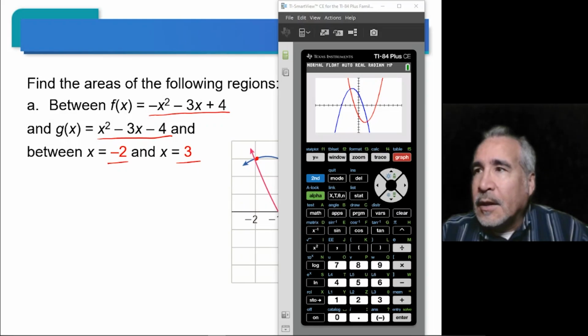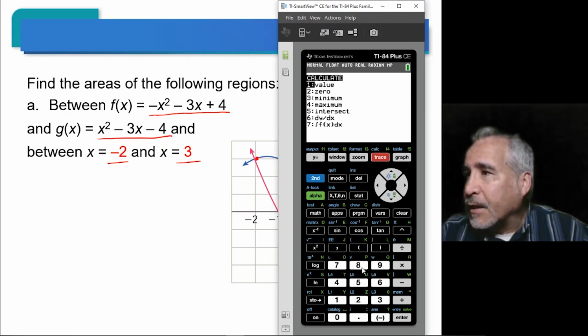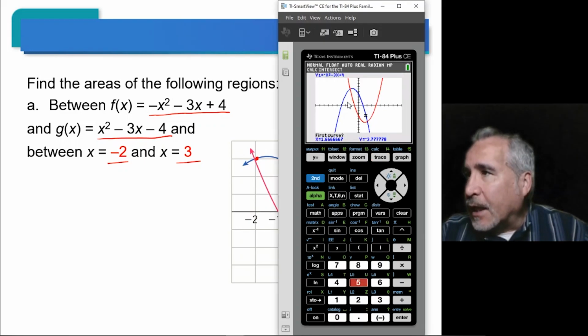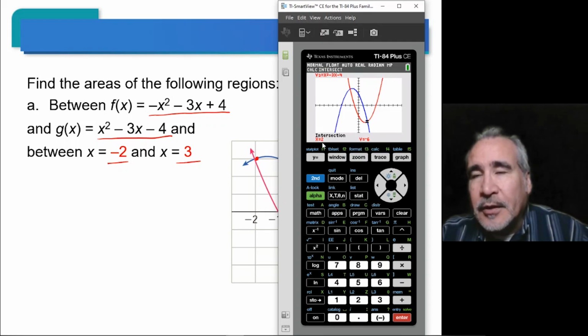To get the second intersection, I ask for second calc again, number 5, and I just need to make sure I walk my little spider guy closer, which it is. Enter and enter, and I get that the intersection is at +2.